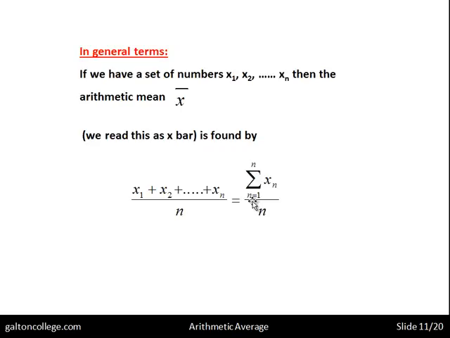We're going to add n equals 1, n equals 2, n equals 3, and so on up to n equals n, until we get to the nth number. We're going to add these up. So we've got the expression here, the summation of xn from n equals 1 to n equals n. And that's just what we've got over here, this line here.